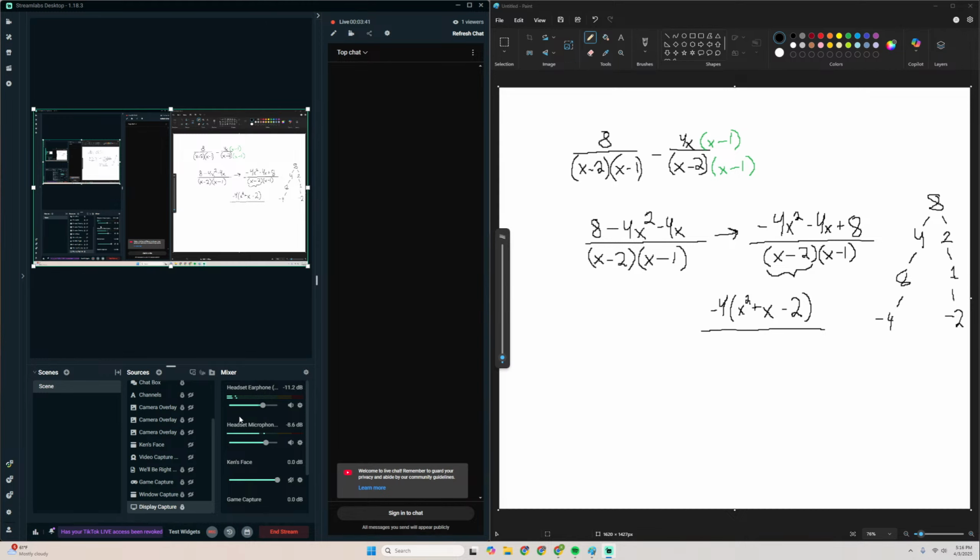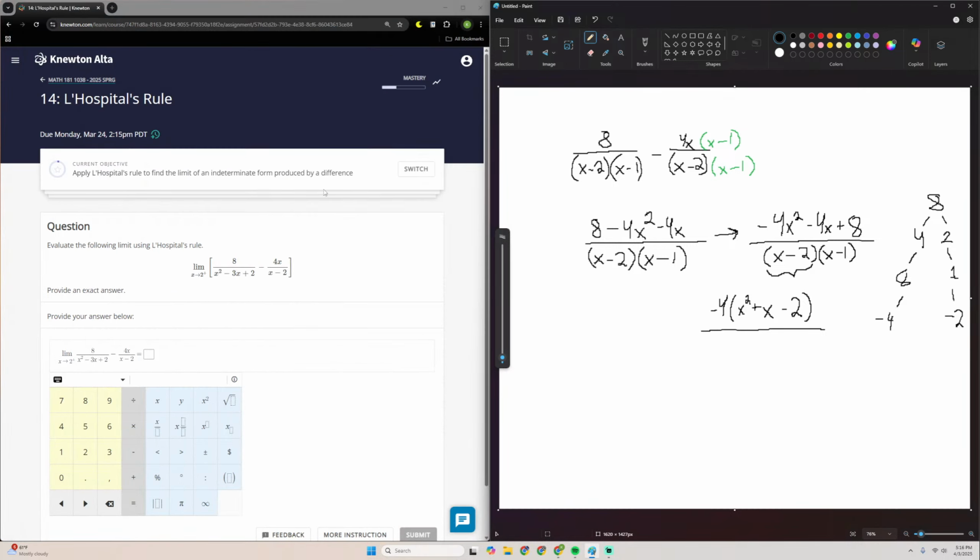I don't know what is going on, but this is enough for me. Taking that out, this makes the new equation -4 times all that, then over x take away 2. That looks really bad.